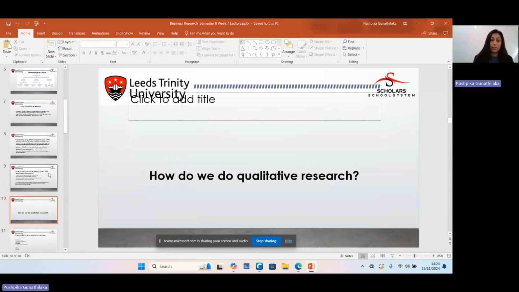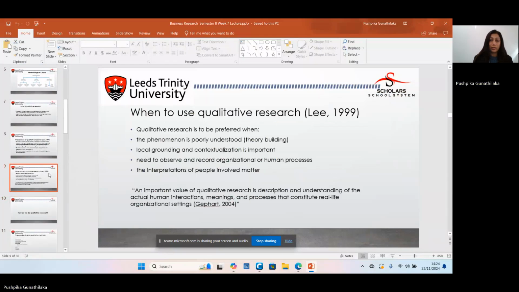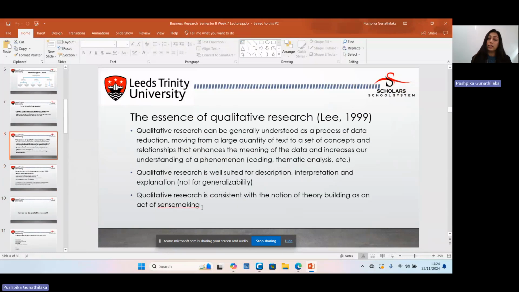Qualitative research is consistent with the notion of theory building as an act of sense making. When we need to make theories, when we need to develop more concepts, qualitative research is ideal in that kind of situation.